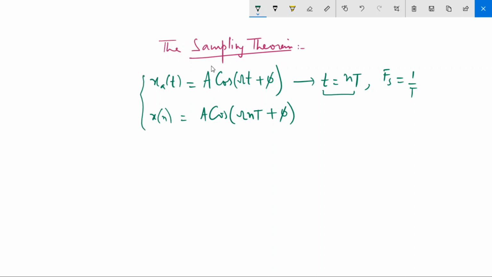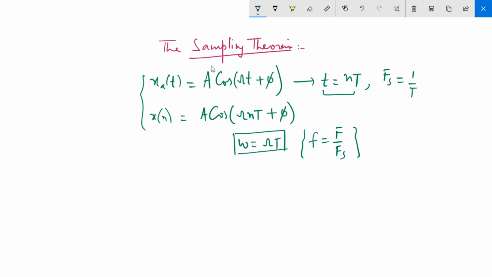And from this we have got two relations, that omega in this case becomes omega T, or f is equal to F by Fs. So if capital F is the frequency in hertz and you are sampling the signal at a rate Fs hertz, you get a discrete signal with the frequency of F by Fs.